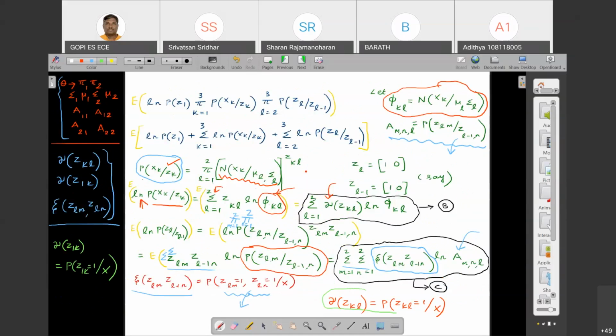That is given as the probability of Z_KL equal to 1 given X. And then we have the zeta of Z_LM and Z_(L-1)N, which is given as the joint probability of Z_LM equal to 1 and Z_(L-1)N equal to 1 given X. So there is a correction here: L minus 1.